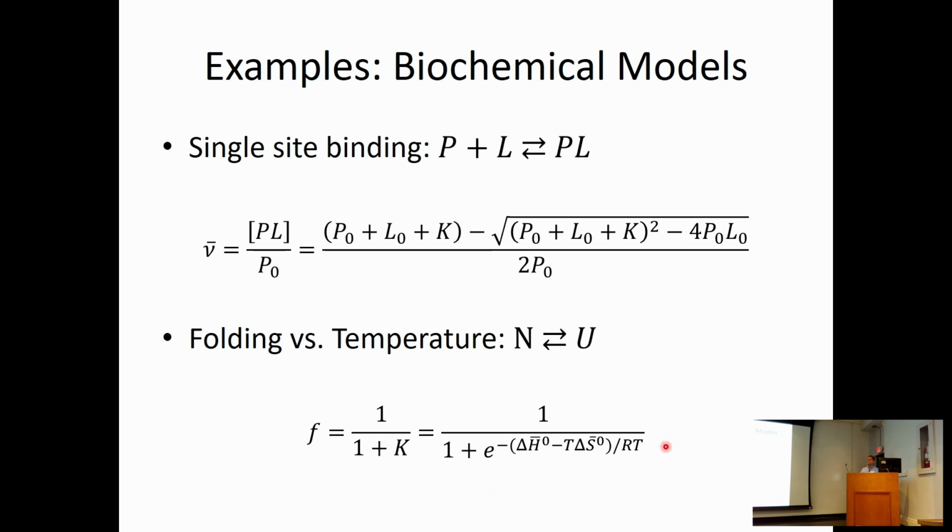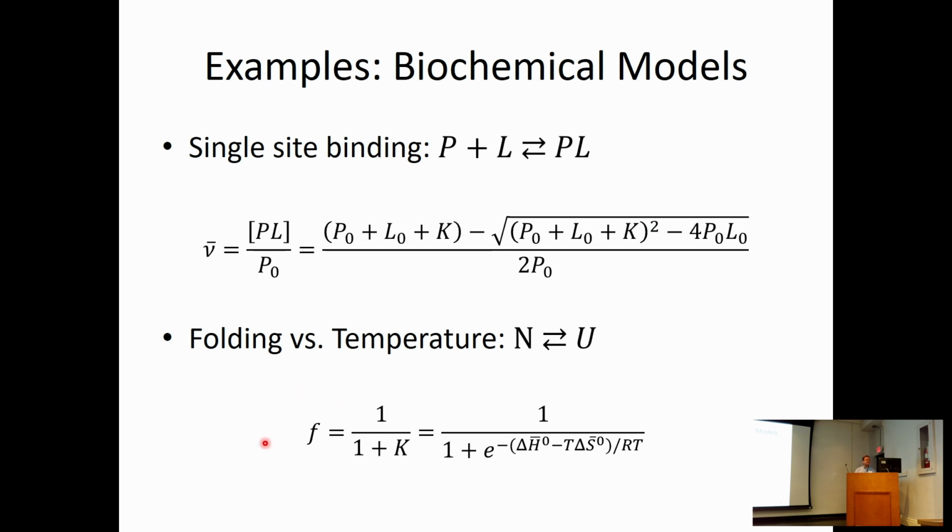Another type of simple biochemical model that gets into some thermodynamics is the idea of the fraction of protein that's folded. Most of you know that if I start with a protein at room temperature and it's not a disordered protein, but a functional enzyme, it's going to be active, and if I continue to heat it up, eventually that protein is going to unfold.